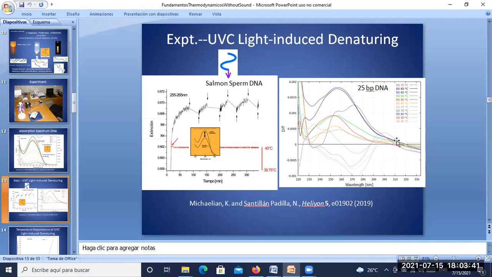So why would you expect at a higher temperature, UVC light can denature more than at lower temperature? Why would you think that, Andrés? ¿Por qué pasa que a altas temperaturas la denaturación es mayor con luz ultravioleta que a bajas temperaturas?